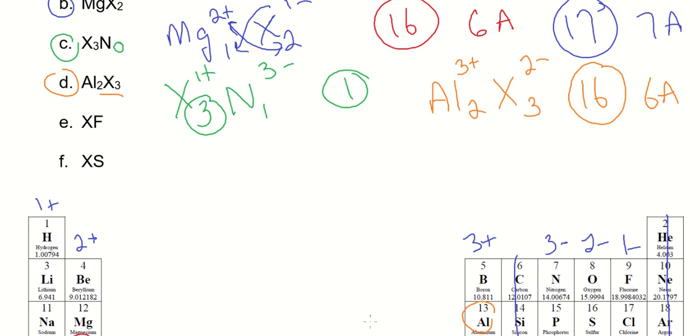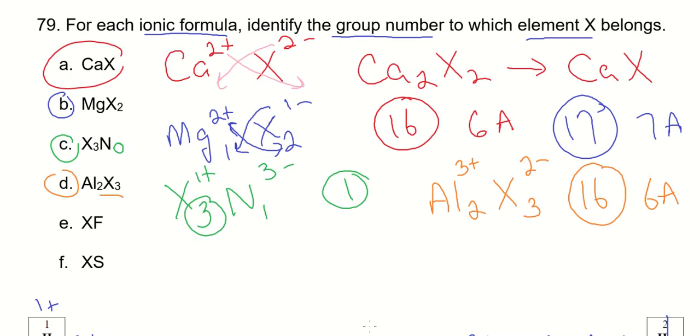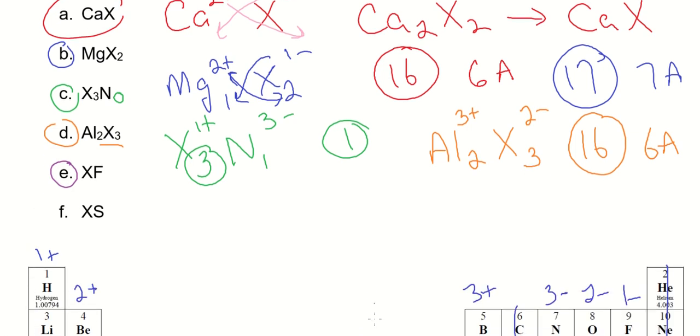Let's see what color we haven't used. Let's go here. All right, we're on to E. X is now a metal cation with a subscript of 1. Fluoride, subscript of 1. So let's start with what we know, which is fluorine. The most common ion is going to have a charge of 1 negative.